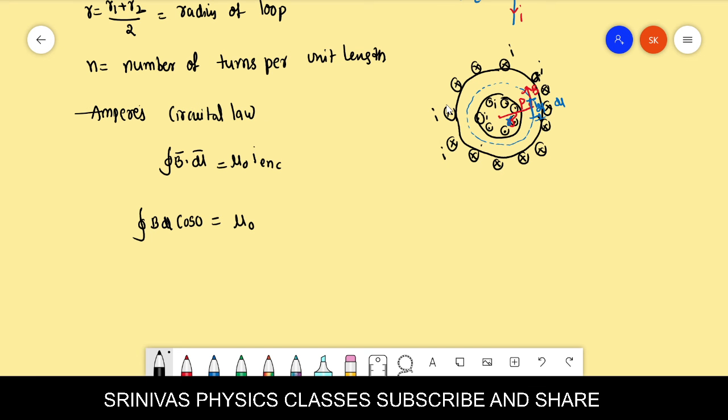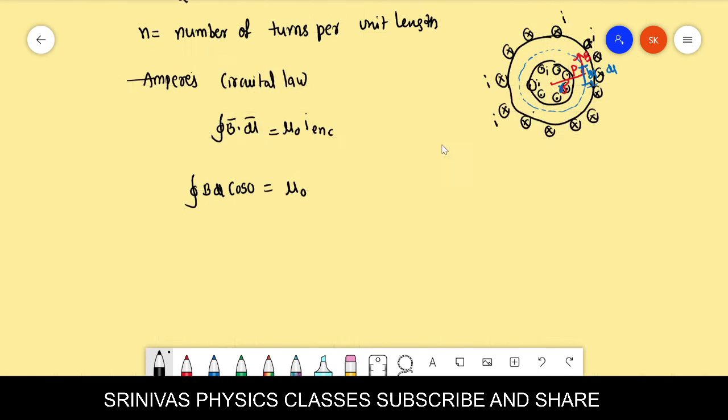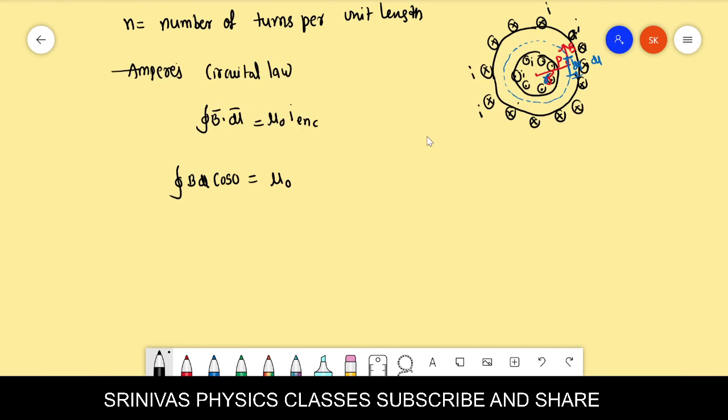You see this? This is one turn. In this one turn the current is I. Like this, how many turns are there? Total N turns are there. Then the current enclosed is N I. Mu naught N I we write. What is N here?